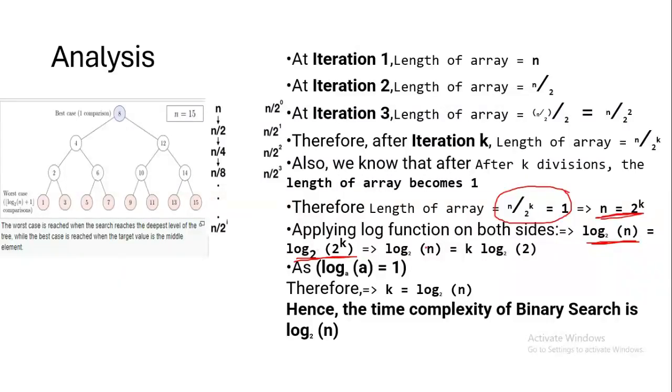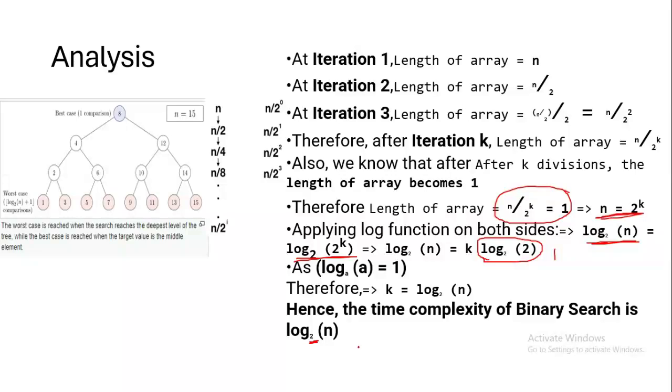Now this can be rewritten as log to the base 2 of n equal to k times log to the base 2 of 2. And as all of you know, this term is equal to 1. So what we get over here is k is equal to log to the base 2 of n. Hence, the time complexity of the binary search comes out to be log to the base 2 of n, as we are dividing the given array into two equal parts.